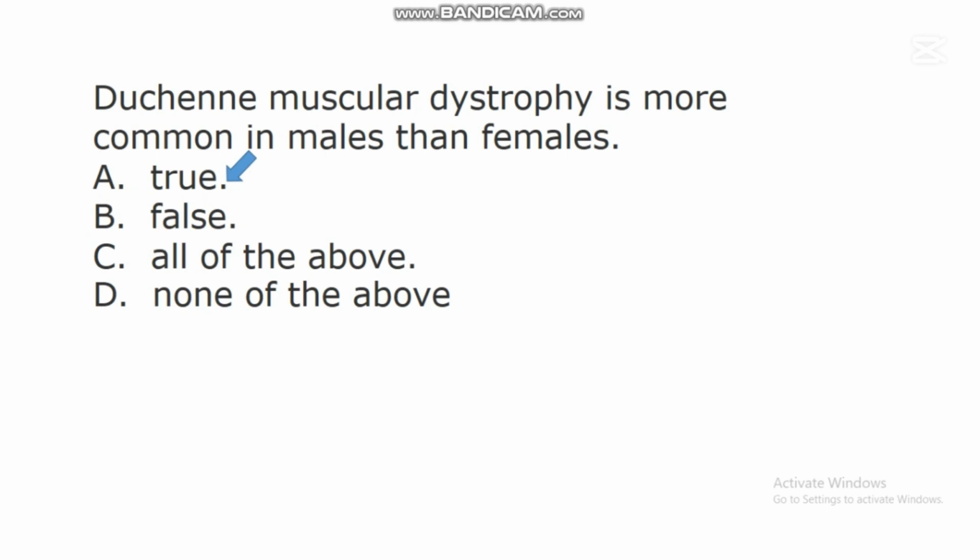But females have XX chromosomes. So before a female gets this issue, there must be inheritance of the wrong copies of the genes on the two X chromosomes before the females get affected.